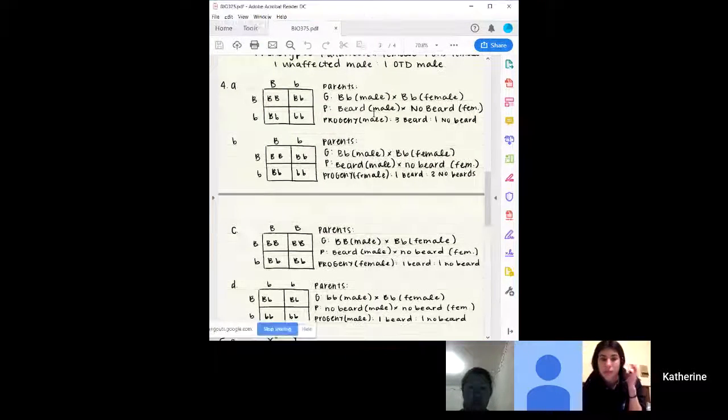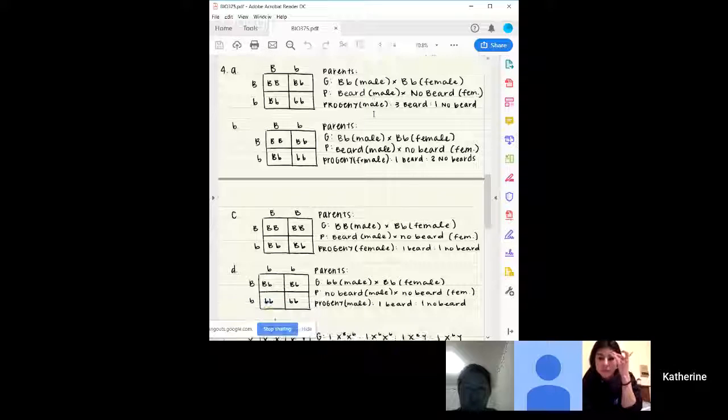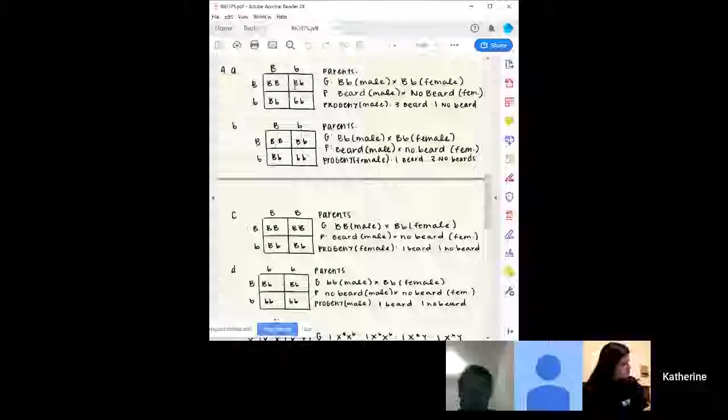So I think the way that I did it was I had to look at male and female at different times. I just couldn't do them both at the same time, because for female, the lowercase b is dominant, and for male, the uppercase B is dominant.